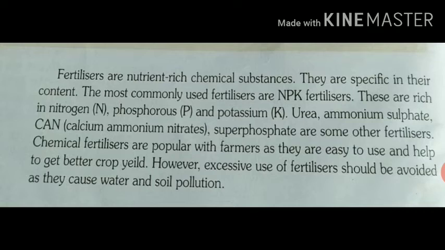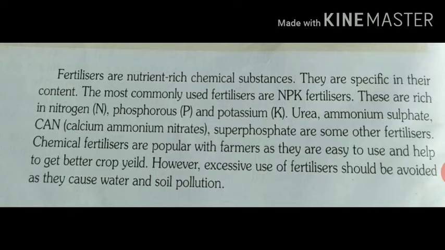Chemical fertilizers are popular with farmers as they are easy to use and help to get better crop yield. However, excessive use of fertilizer should be avoided as they cause water and soil pollution.